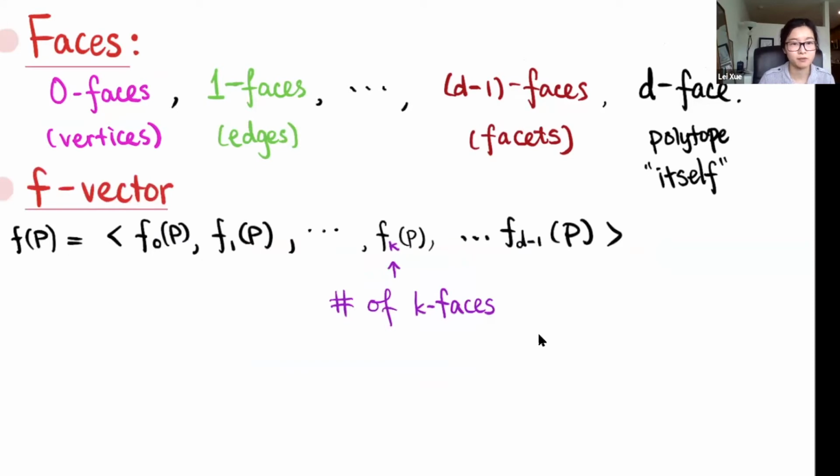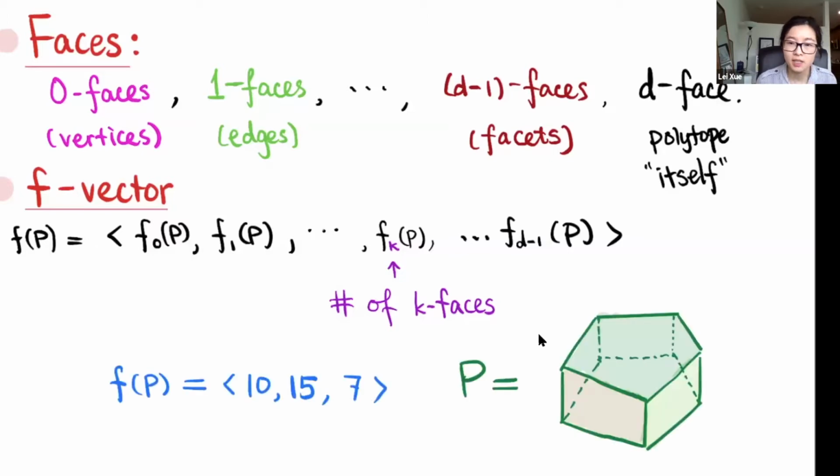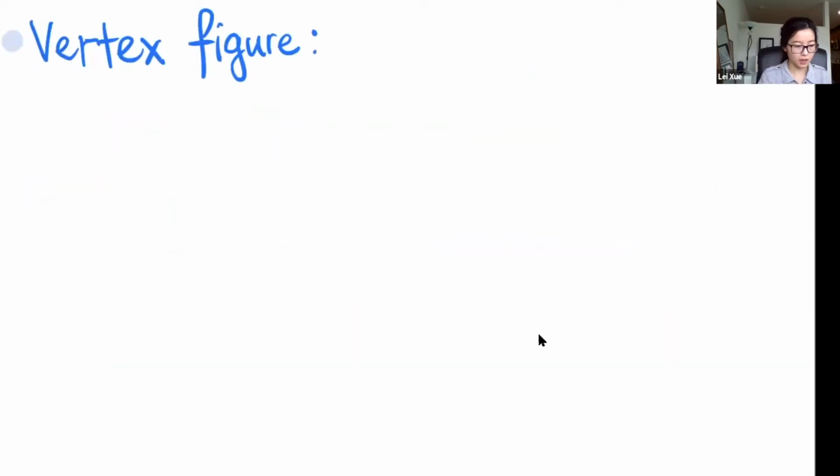And we have the face vector, which keeps a record of the number of vertices, the number of faces of each dimension. And here's an example, the face vector of the polytope that we already saw. And there's one new definition here, which is the vertex figure.